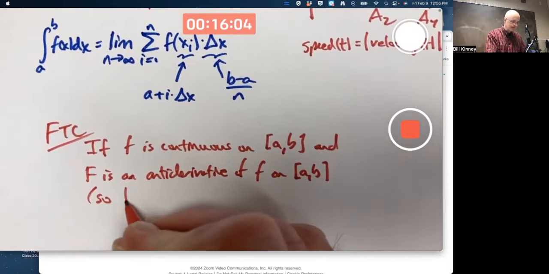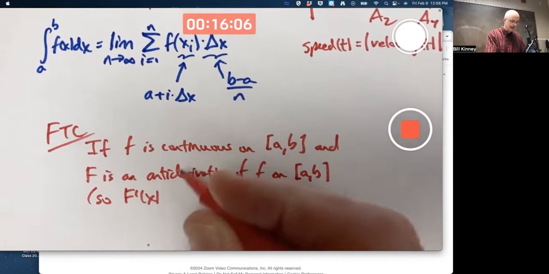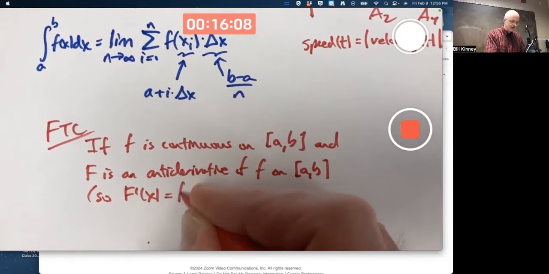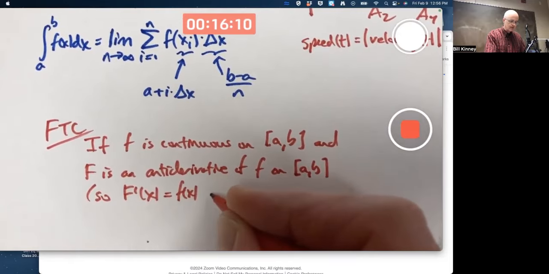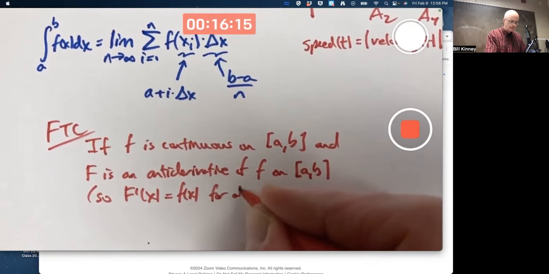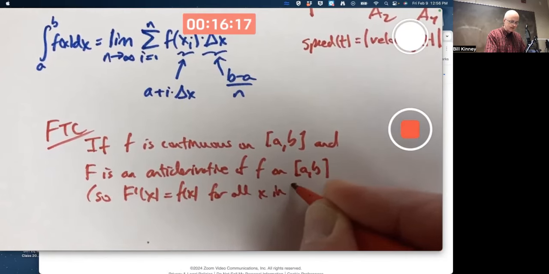So what does that mean? That means the derivative of capital F at any value of x in the interval equals little f of that value x for all x in the closed interval.